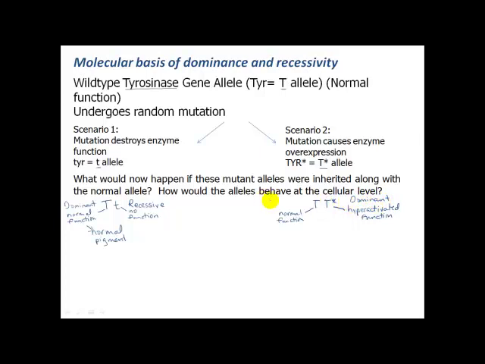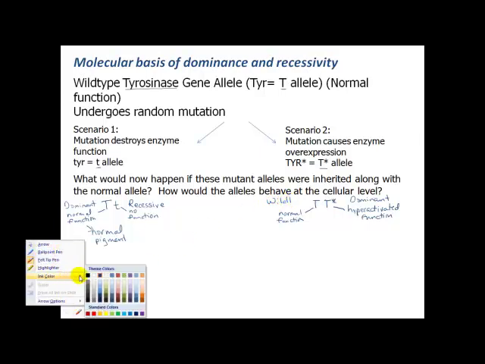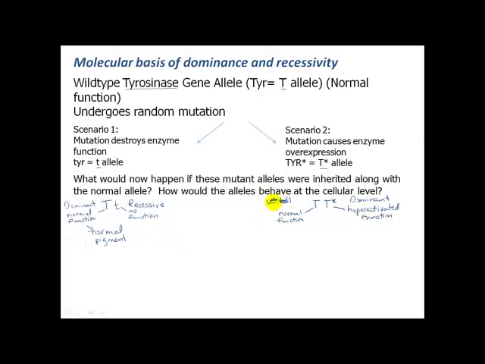And so in this scenario, that mutant allele would actually be dominant over our wild type allele. So this one would be recessive.